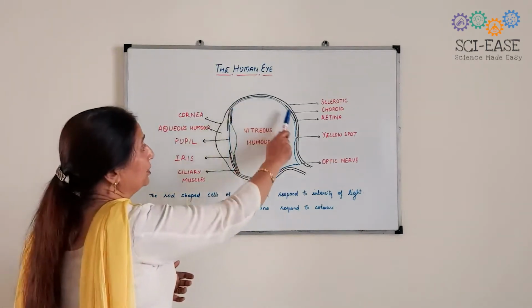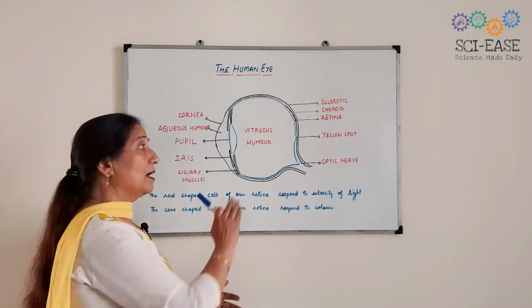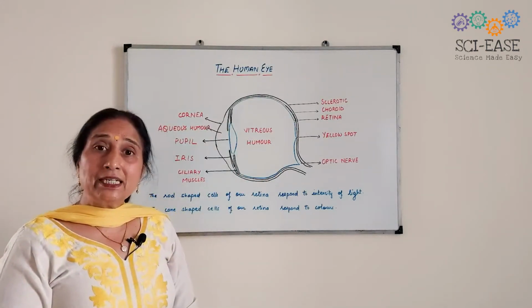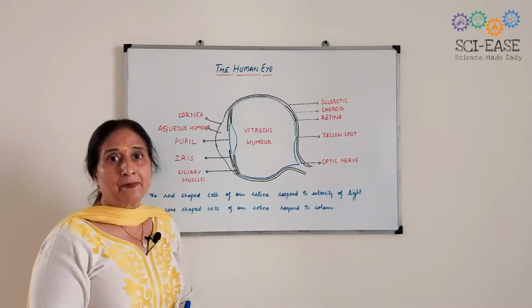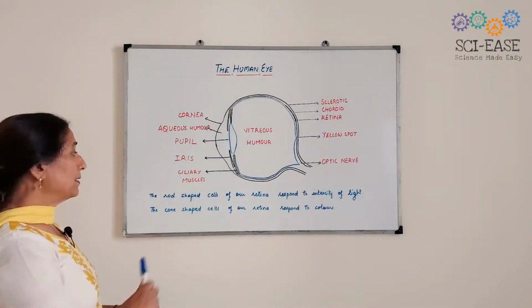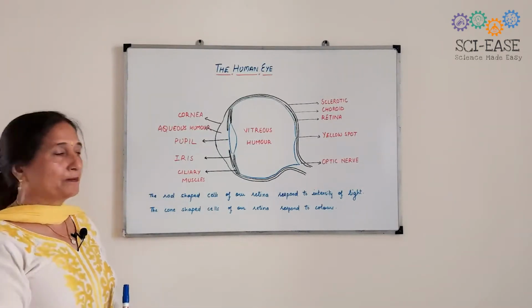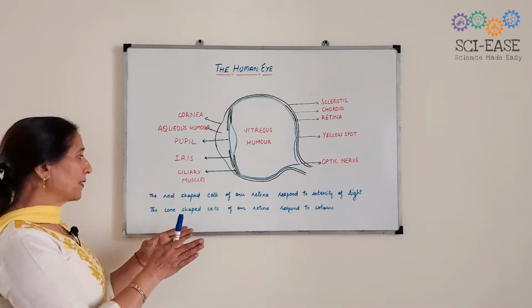Now I will tell you something about this retina. Retina is the light sensitive layer. It is made up of two types of cells, rod-shaped cells and cone-shaped cells. What is the function of rod-shaped cells?